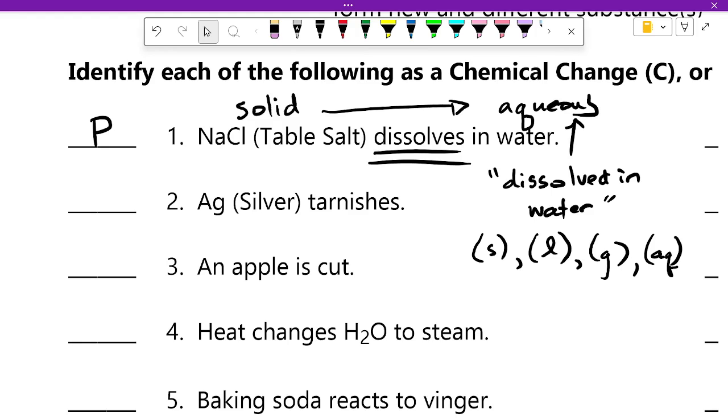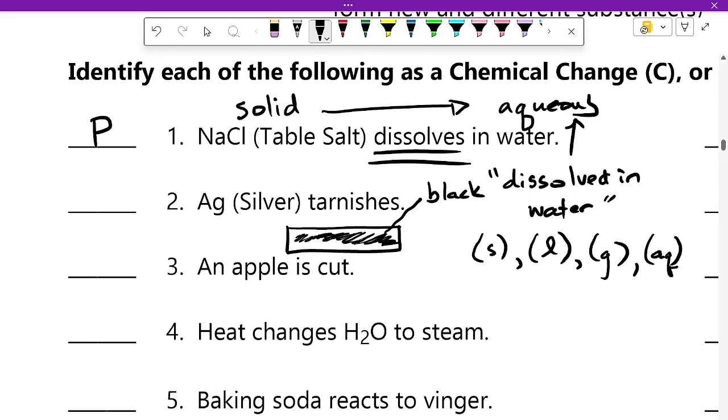If this is your piece of silver, it's all shiny and silvery, but on the top, it'll get a black coating on it. That's what happens when silver tarnishes. We get a black coating. That black coating is a new substance.